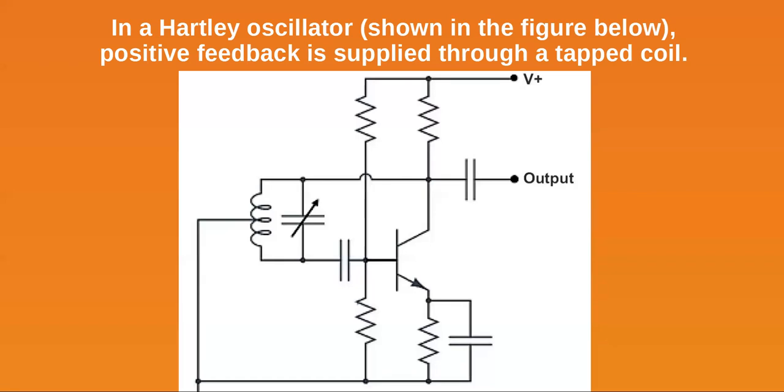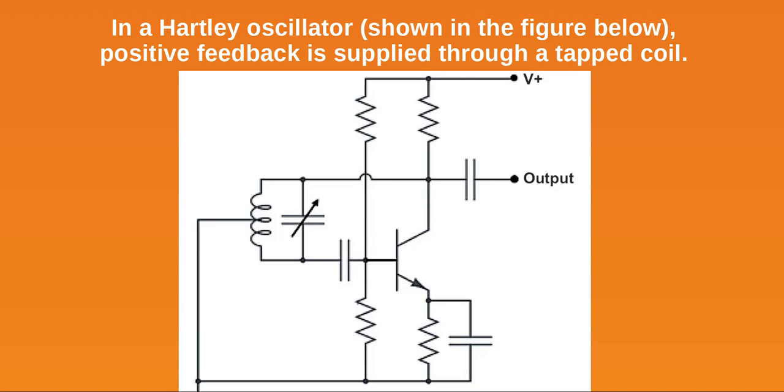Okay, here's a Hartley, and you see the tapped inductor. It's a little strange the way they normally draw them, but you're seeing essentially half of the signal being fed back into the amplifier or the transistor. And your tuning is this variable capacitor.